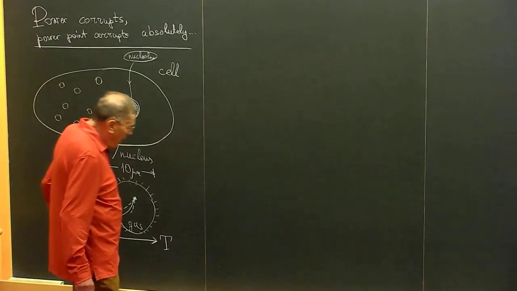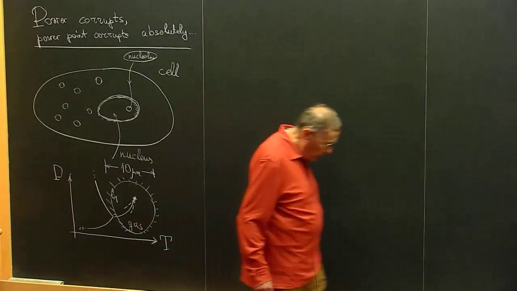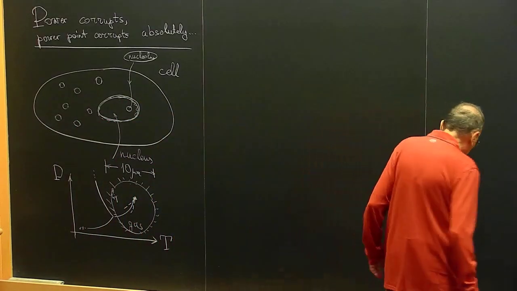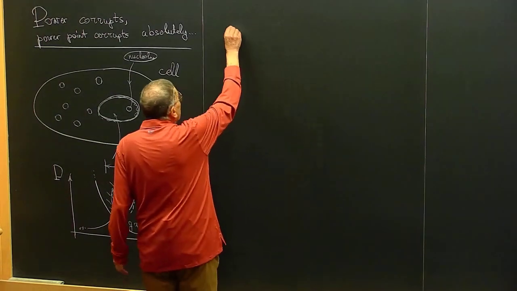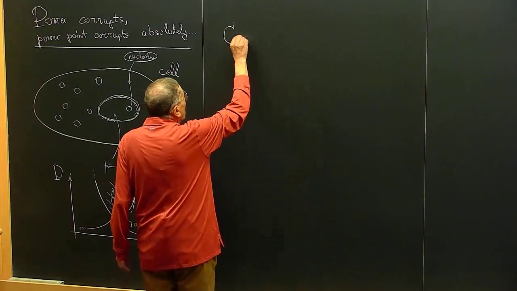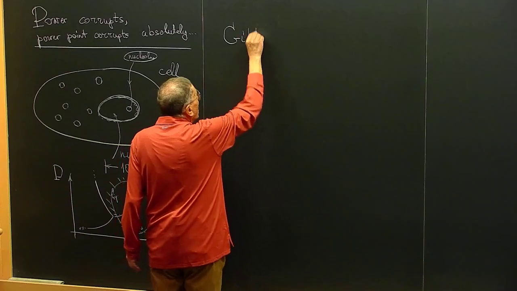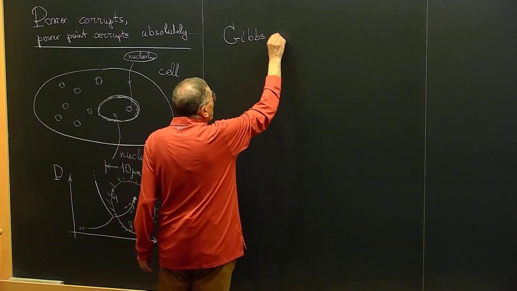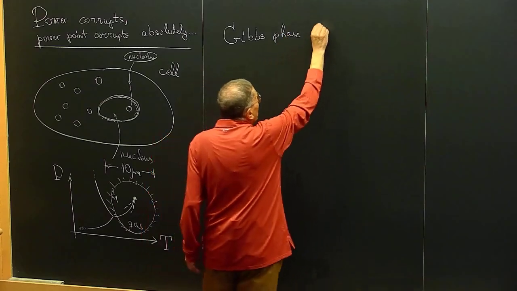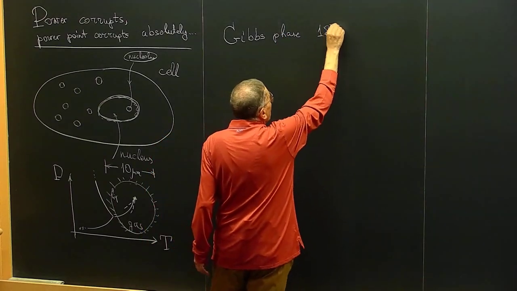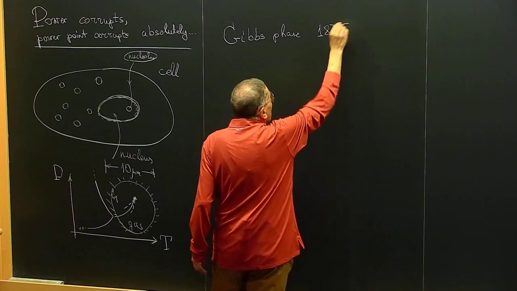Okay, so another thing that, of course, is known to every physicist is called the Gibbs phase rule. It was discovered by Gibbs in 1875.